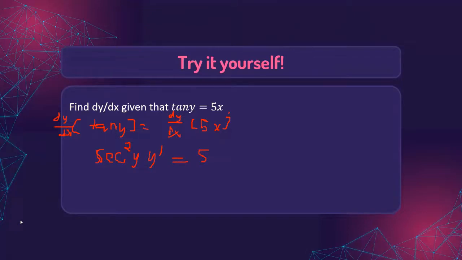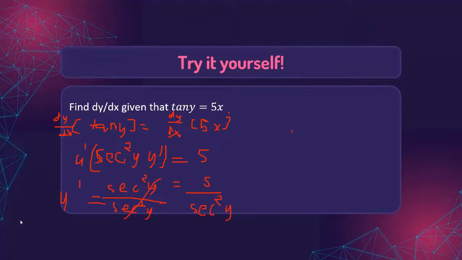Then we will factor out y prime, so the answer would become y prime times secant squared y. We will divide both sides by secant squared y in order to cancel it out, and y prime will be the one left. Our final answer would be y prime = 5 over secant squared y.